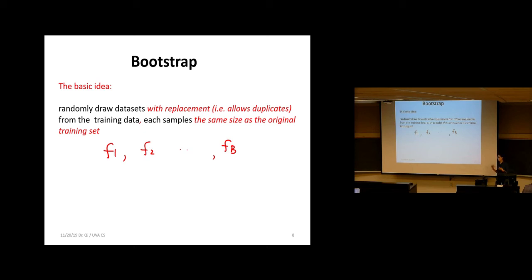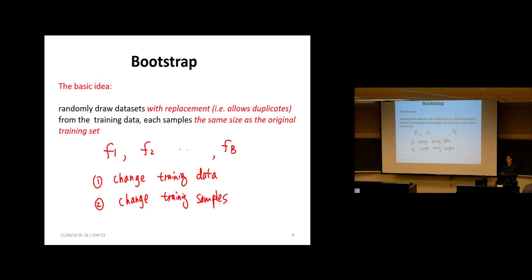There are really a limited number of choices. You either change the training data, or you change the training samples, because to train diverse, different base classifiers, there has to be some differences in how you train them.